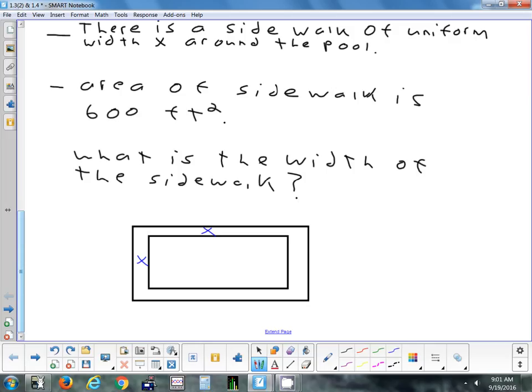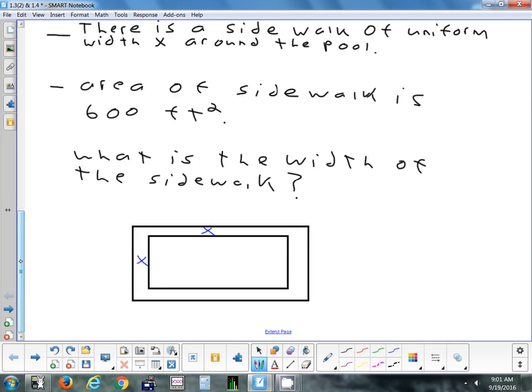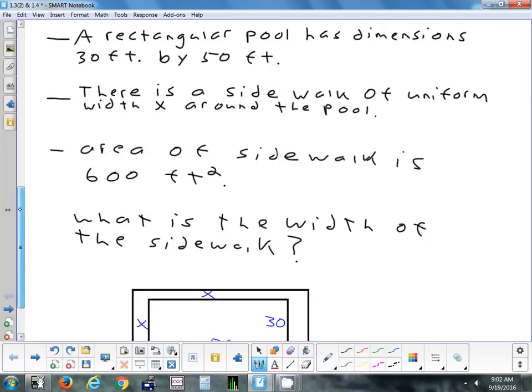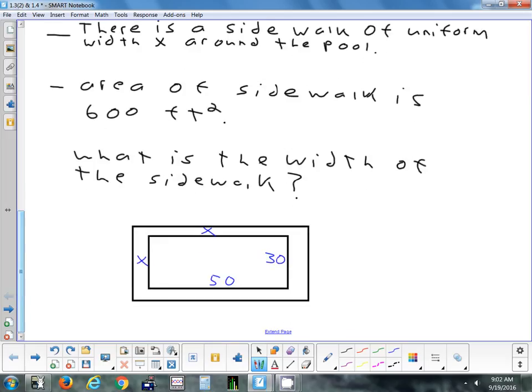That's the width all the way around the pool. They did tell me the dimensions of the pool. It's 30 by 50. What else do I know? I know the area of the sidewalk is 600. I can just squeeze that in right there.